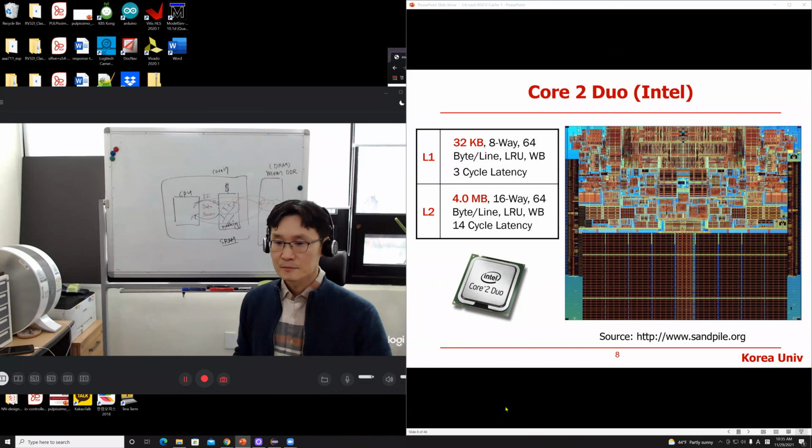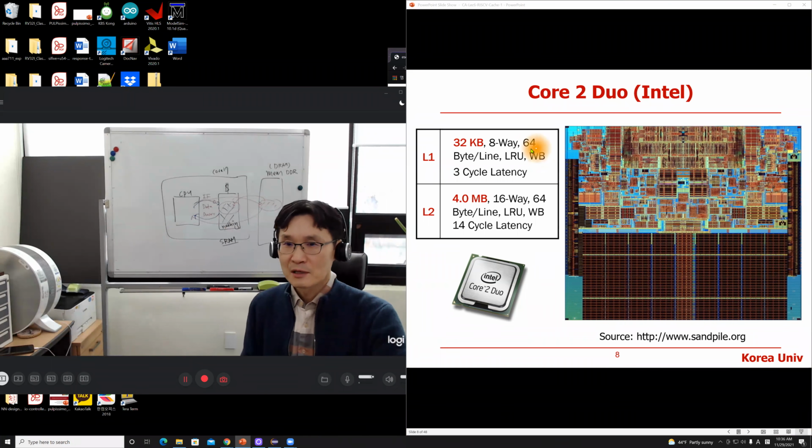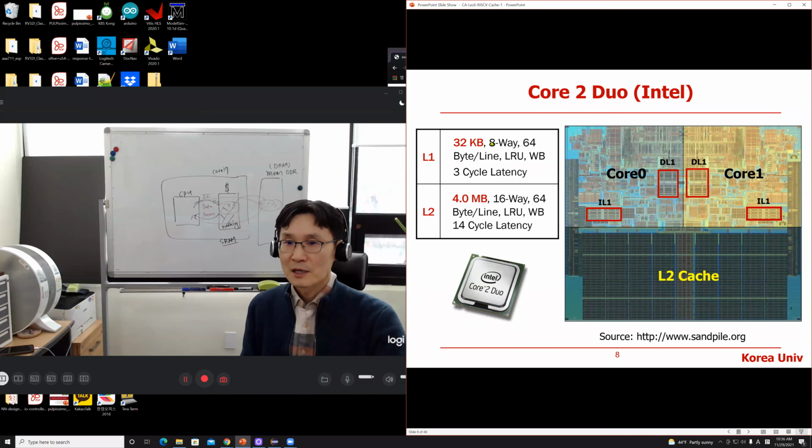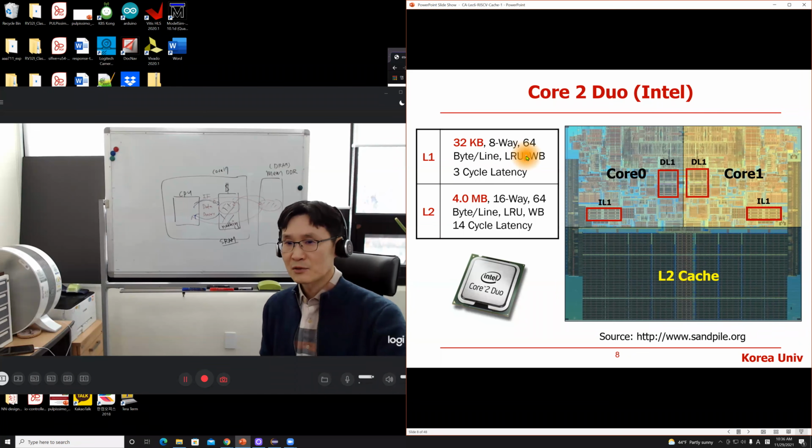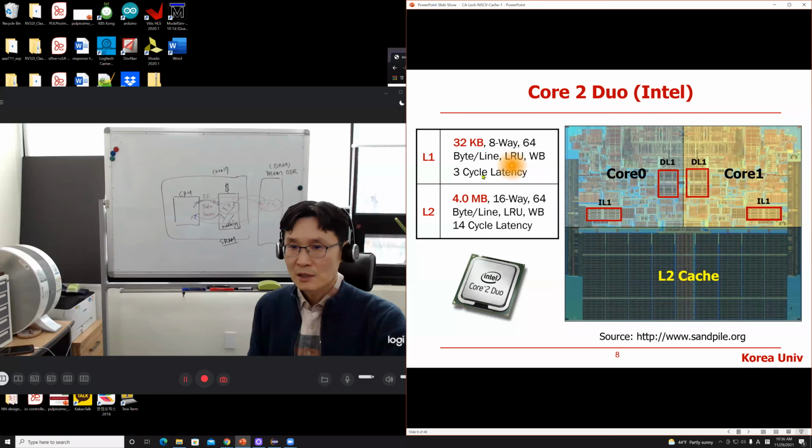Okay, some mysterious terminologies, right? 8-way set associative structure, 64 bytes per cache line, LRU, least recently used, write-back cache, and cycle access latency.